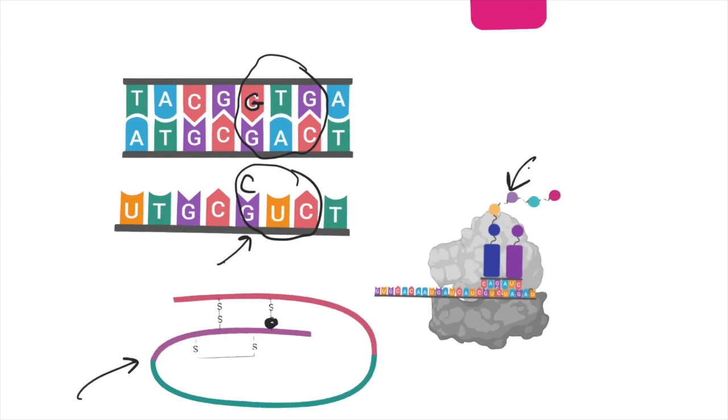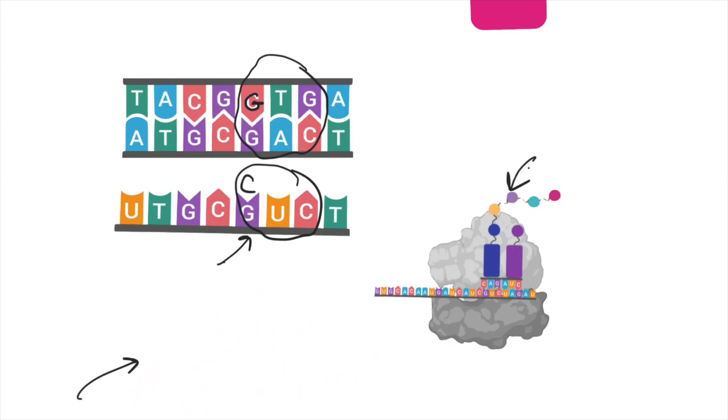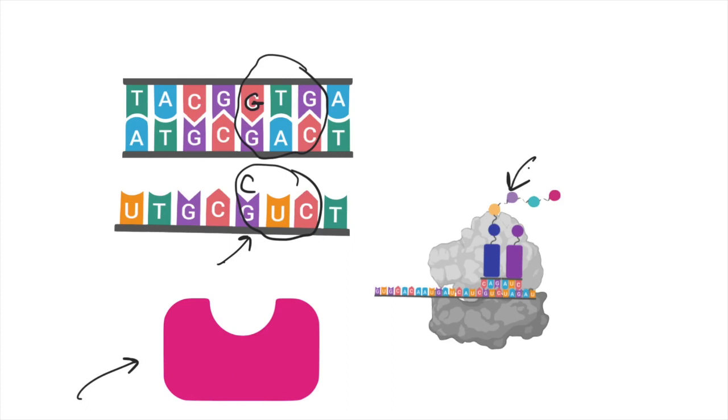Another example: if the protein to be translated was an enzyme and the amino acid that was mutated was part of the active site of the enzyme, then this enzyme won't fit its substrate and will become a non-functional protein or enzyme.